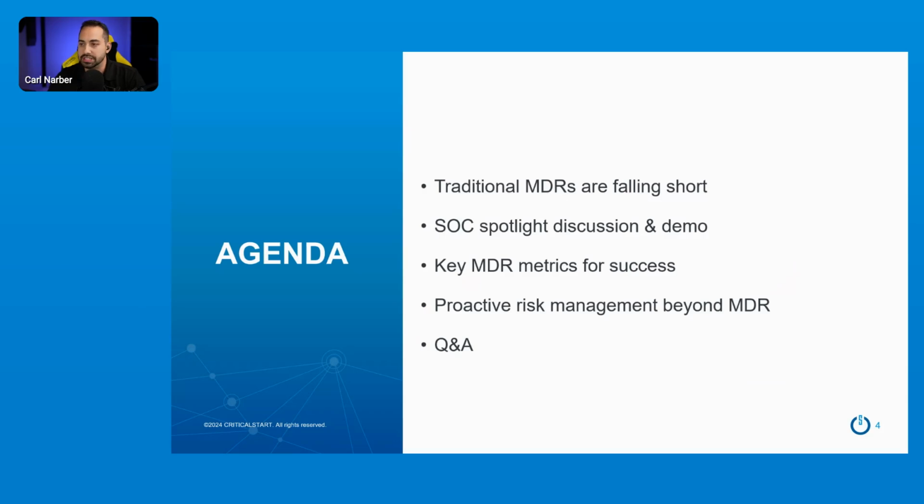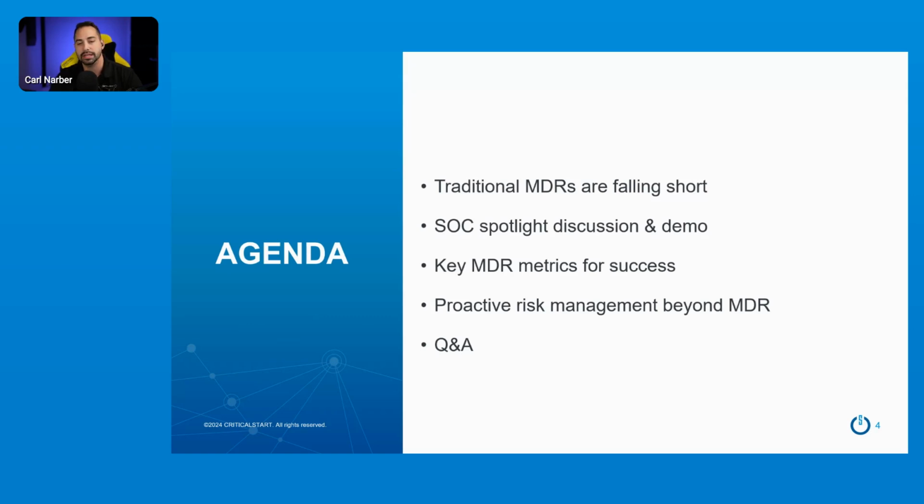With that being said, I'm just going to go over the agenda really quick to make sure that what we're going to be discussing is in line with everyone's expectations. So let's take a look here. First off, the first slide we're going to be discussing is those pain points in traditional MDRs. Secondly, we're going to start bringing on the SOC spotlight with Terrence, and follow that up with a quick demo. Next, we're going to be looking at the metrics around that success.